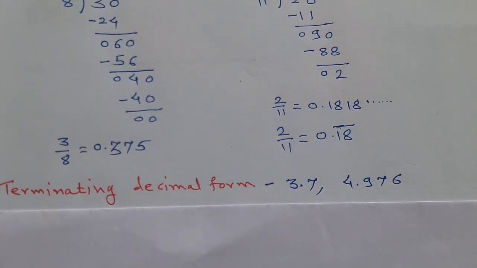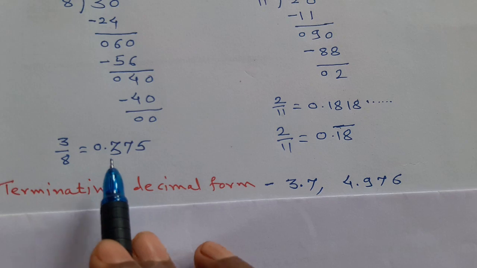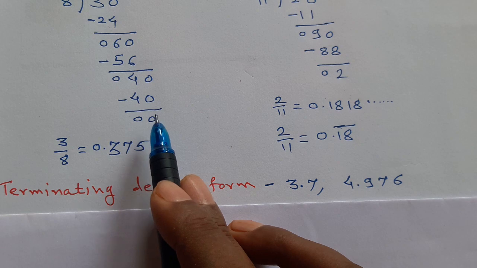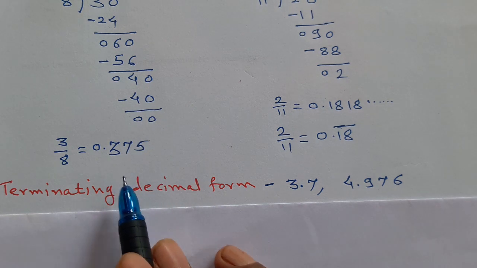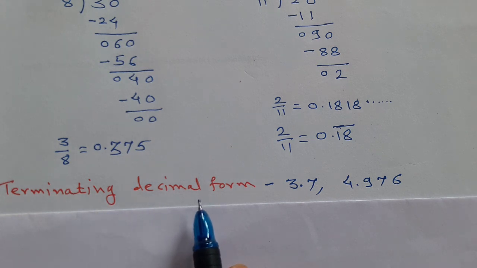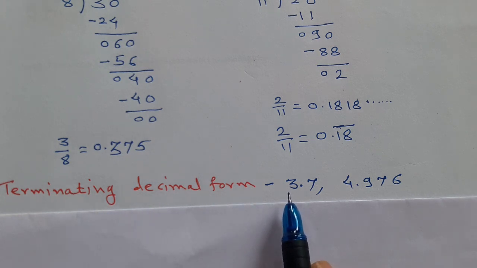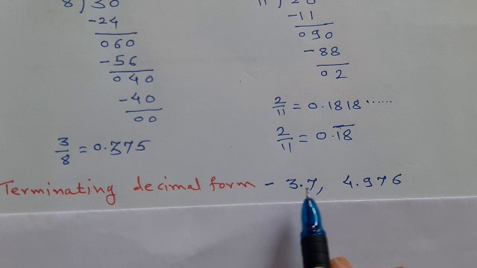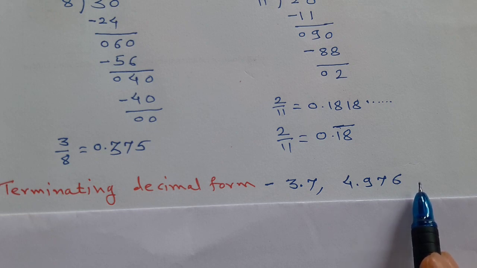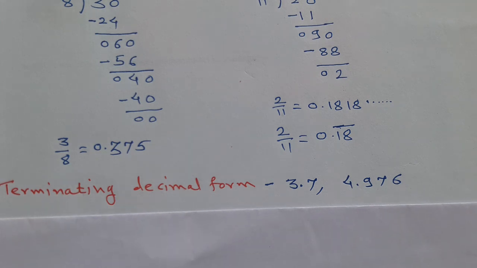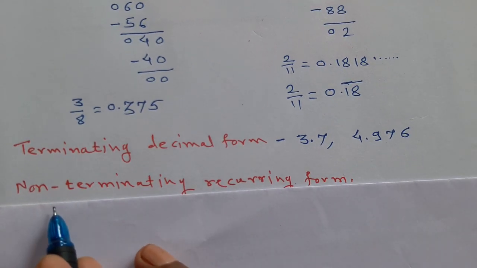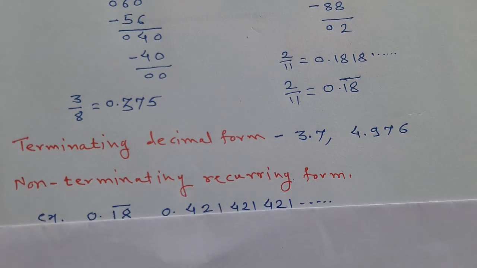Then we take such types of numbers in terminating decimal form. This number will be terminating because here the remainder will be 0, and 0.375 is in terminating decimal form. Or such types of numbers, for example 3.7, 4.976, are called terminating decimal form. And the other form is non-terminating decimal form.